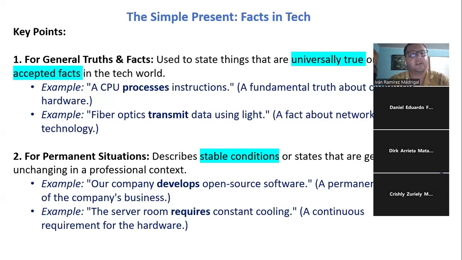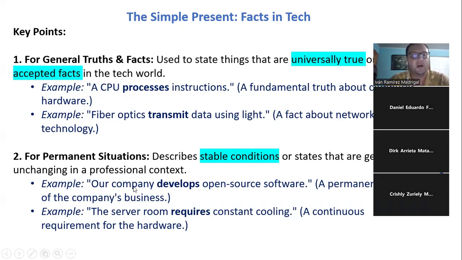And then we have a second use. It's for stable situations, stable conditions. Things that are always like that, okay, without a change. They don't develop through time. They don't change through time. They happen to be the way they are, period. They are stable conditions or states.